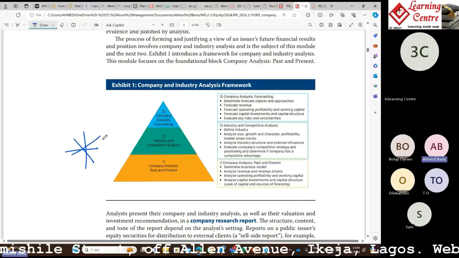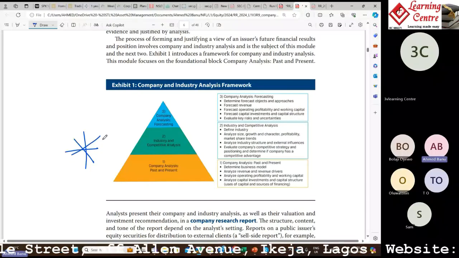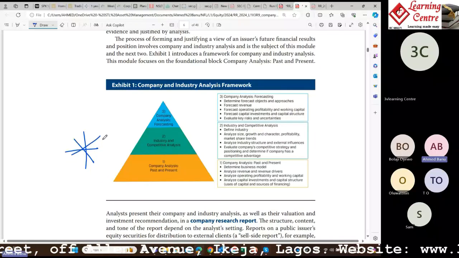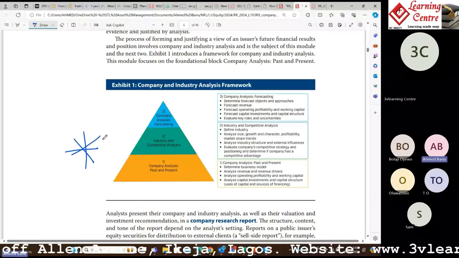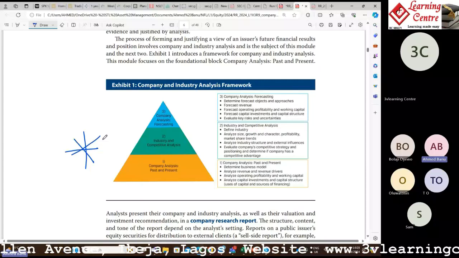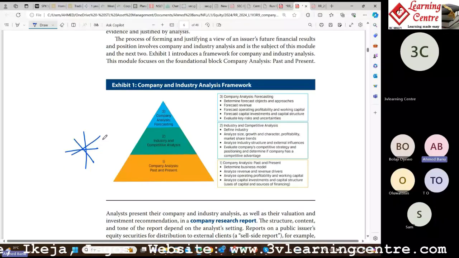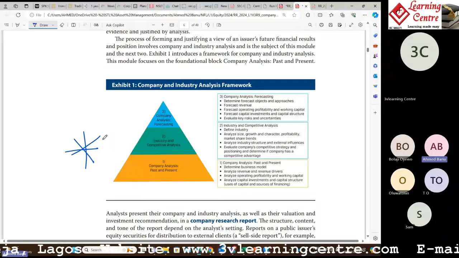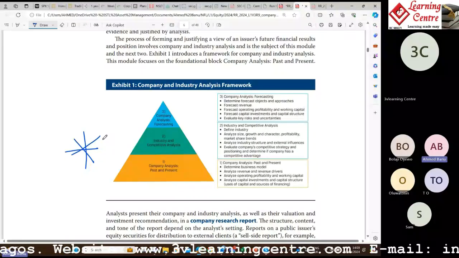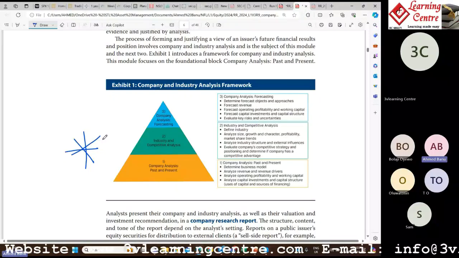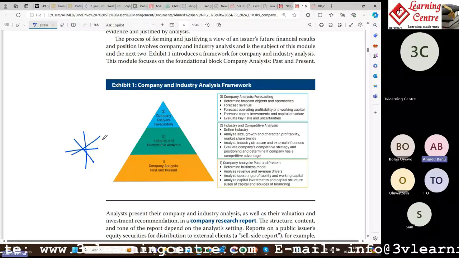So the company analysis, past and present, comprises 4 things: determining the company's business model, analyzing the company's revenue and revenue drivers, analyzing operating profitability and working capital, and analyzing the company's investment and capital structure.